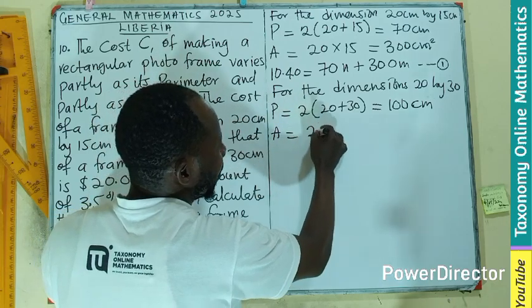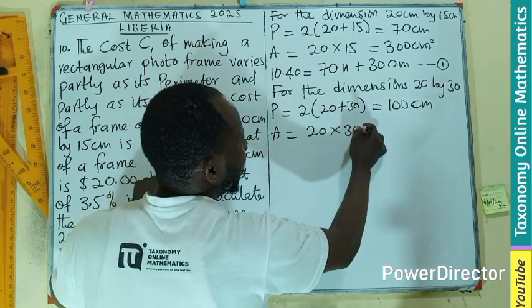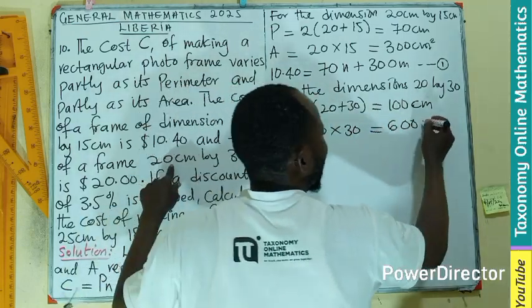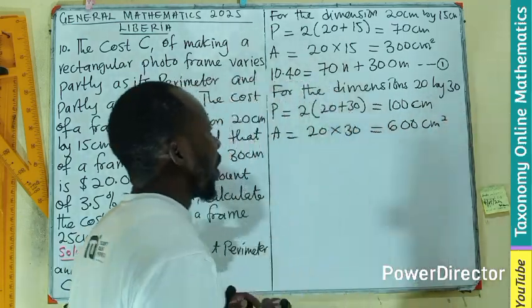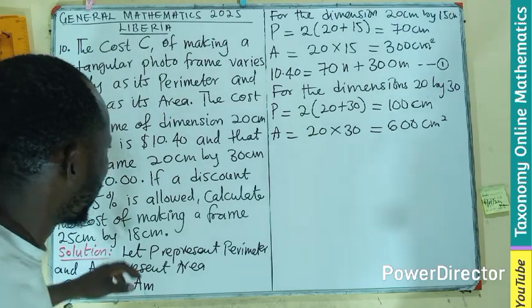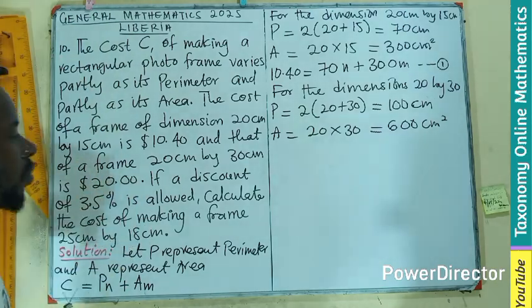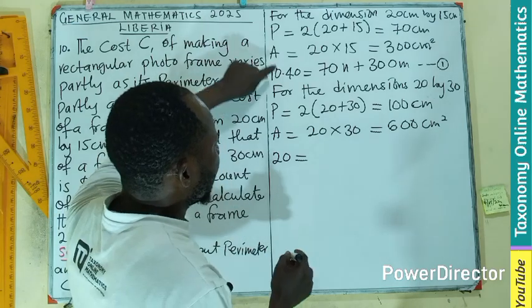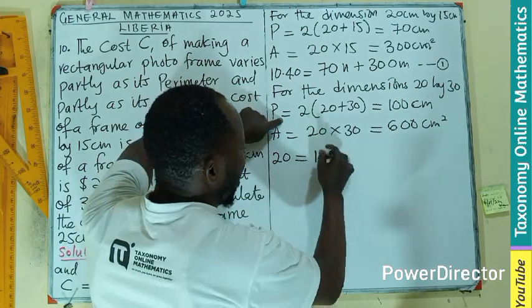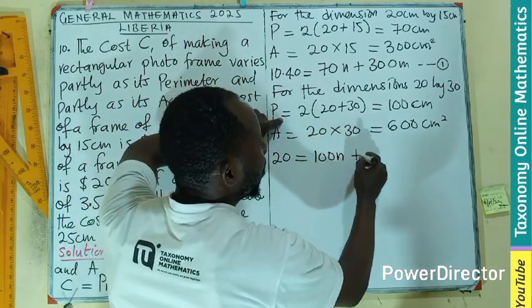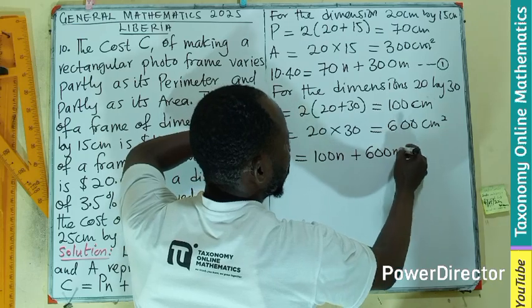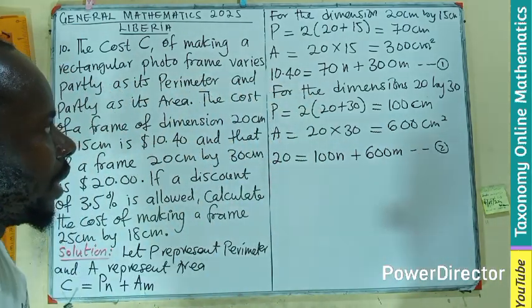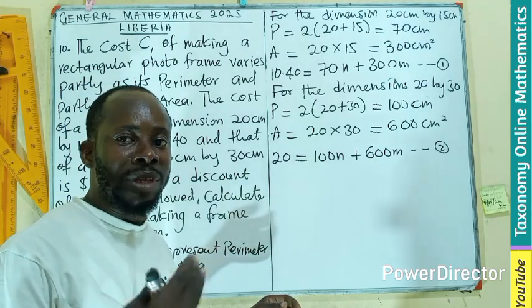Area will be 20 by 30, which is 600 centimeters squared. If I substitute, the cost is $20. So $20 equals the perimeter, 100, times the constant, plus 600 times the constant. That gives us the second equation.